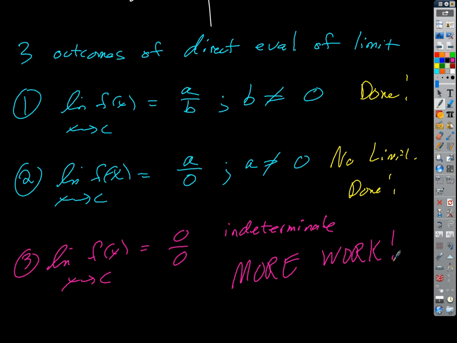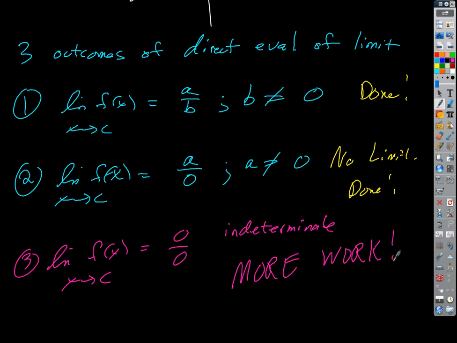There is another way down the road, towards the end of the year. I'm going to come back and show you another technique for eliminating indeterminacy called L'Hopital's rule. But we don't need that for now. In many ways this is probably just as good. So we're going to focus.